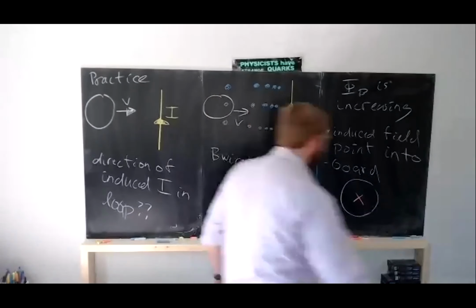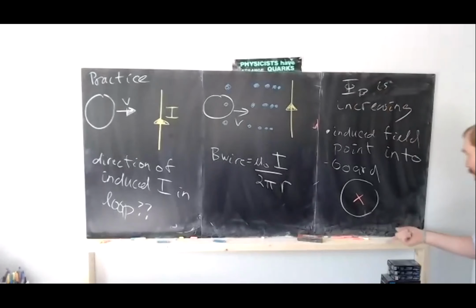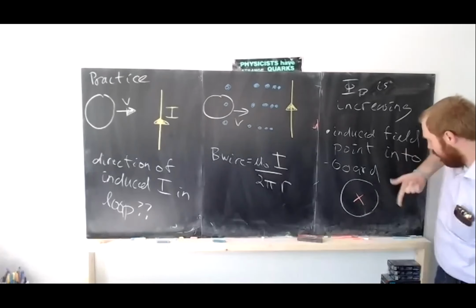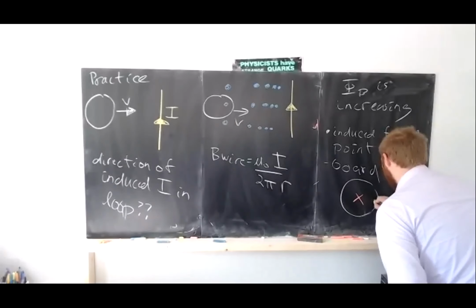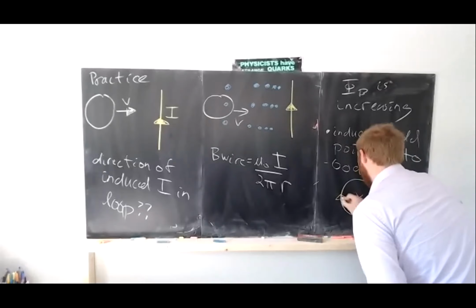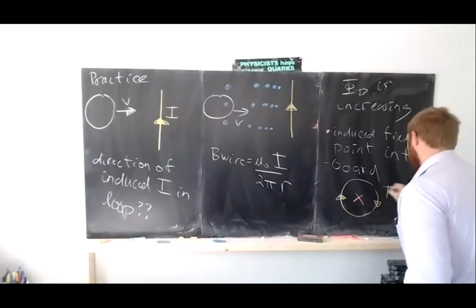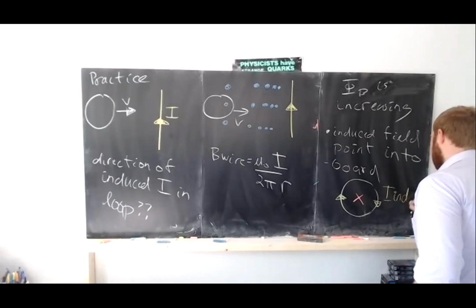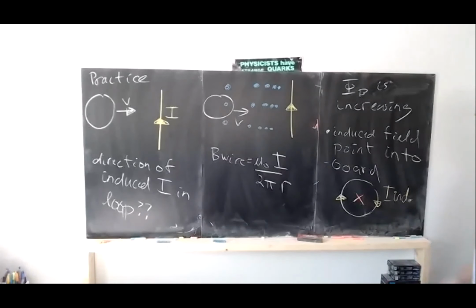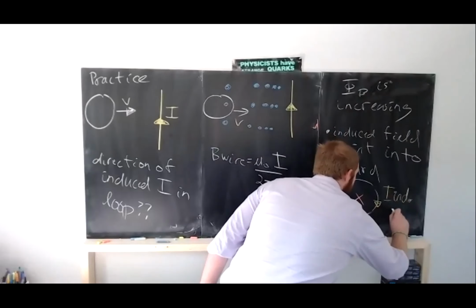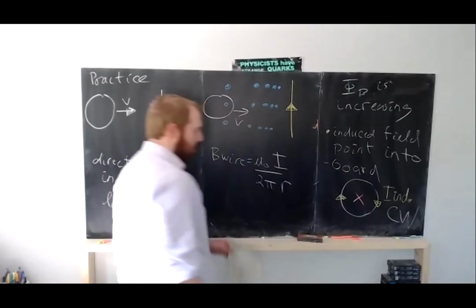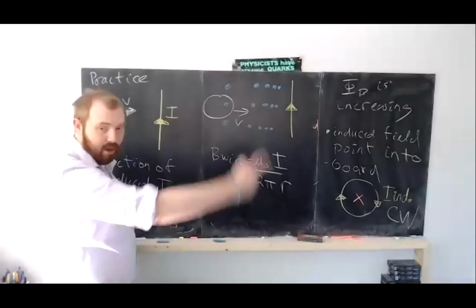Let's see here, into the board. We try. If I try current going this way, it goes in. Nope, got it wrong. So let's try. If I have current going down here, I get magnetic field going in. I induce that. So that current is going clockwise. Induced current's going clockwise around.